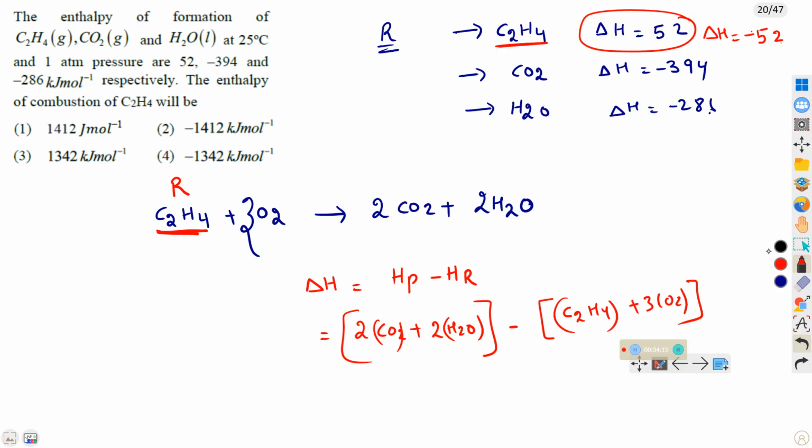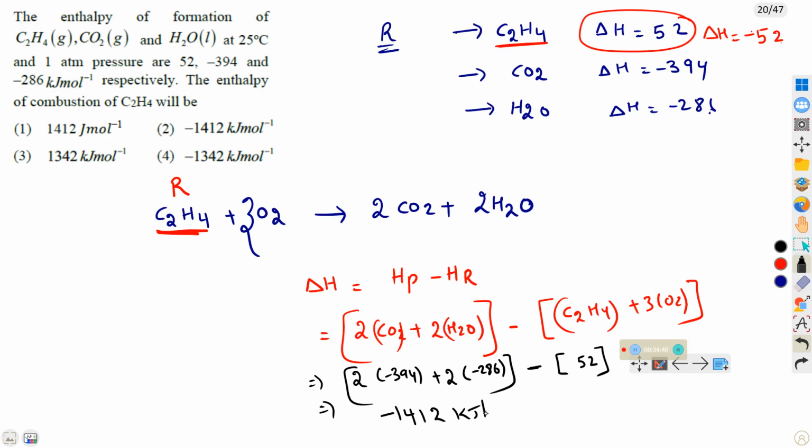Now substitute the values and simplify. 2 into CO2 value minus 394 plus 2 into H2O value minus 286 minus C2H4 value 52. Oxygen value is not given. Simplify, then you will get minus 1412 kilojoule per mole. So the second option is the correct option.